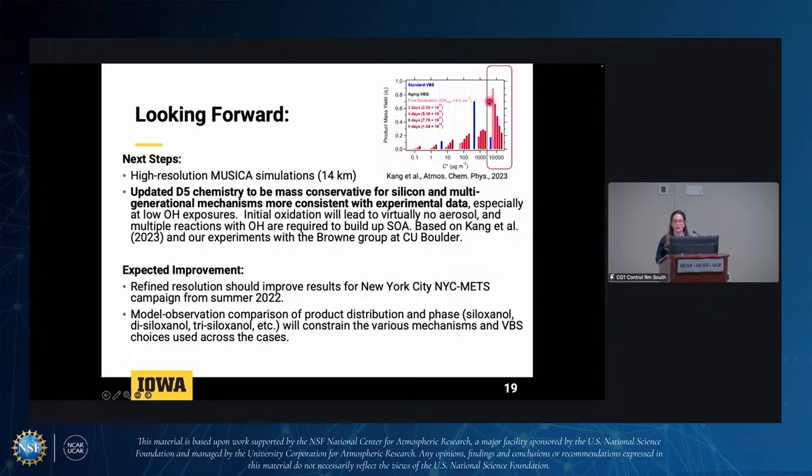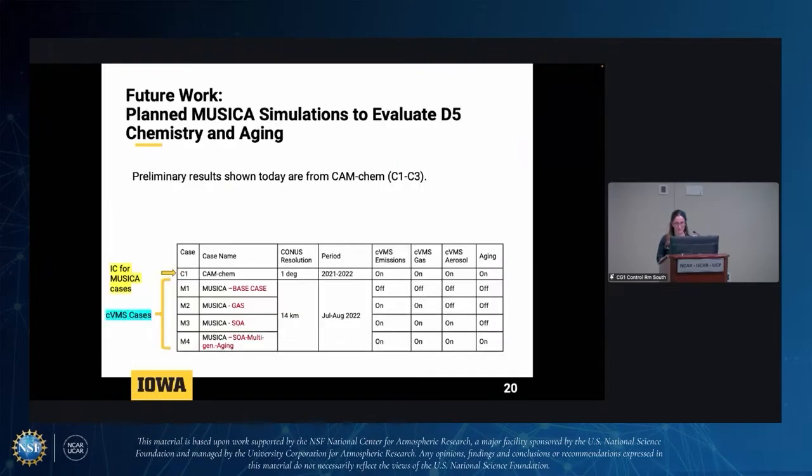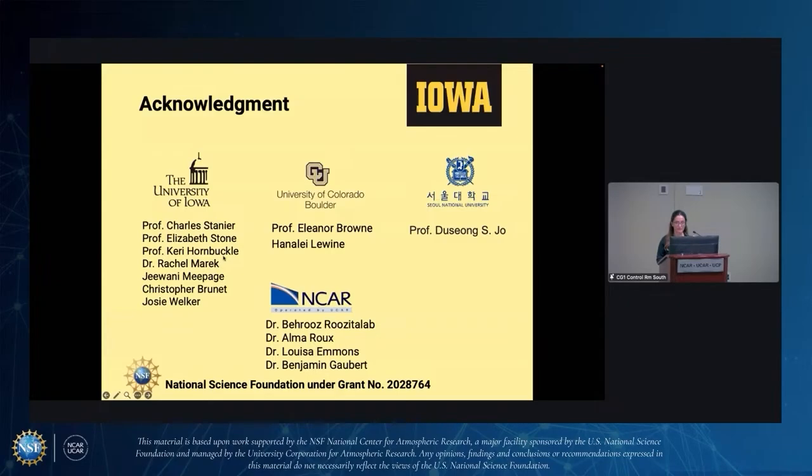They showed that the first generation oxidation products are very volatile. They don't form aerosol at the very first step of oxidation, and then they can further oxidize and form aerosol. So these are the simulations that I'm going to do for MUSICAL cases to see the multi-generational aging effect.